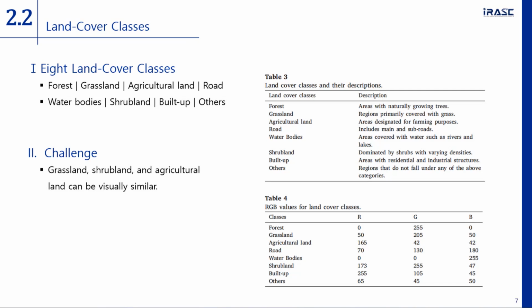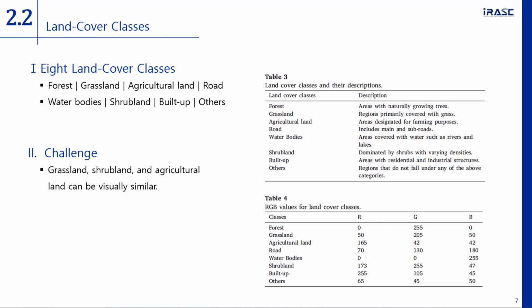The authors divided land cover into 8 classes: forest, grassland, agricultural land, road, water body, shrubland, built-up areas, and others. Some classes are relatively easy to distinguish, such as water bodies and roads.